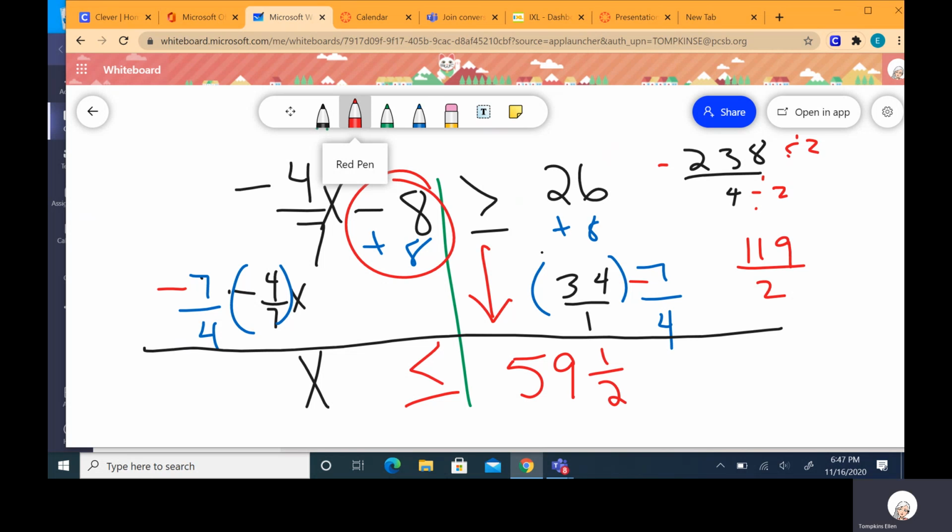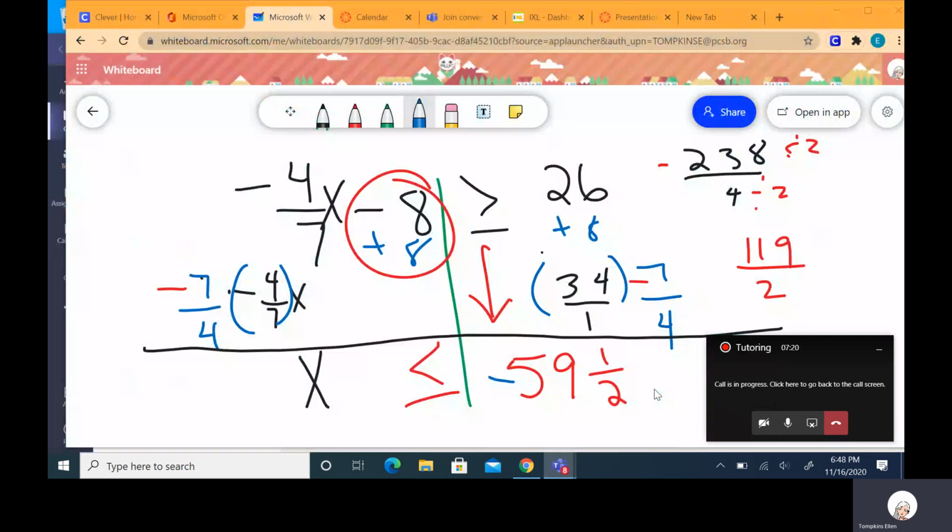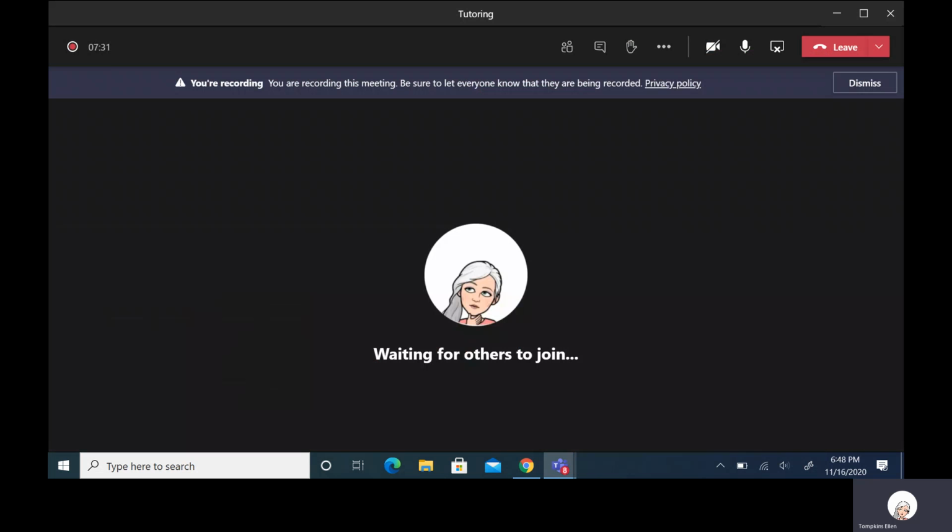But it's negative. Don't forget that negative sign. So just know when inequalities multiply and divide, when that negative sign walks in, he spins the sign around. The signs get spun.